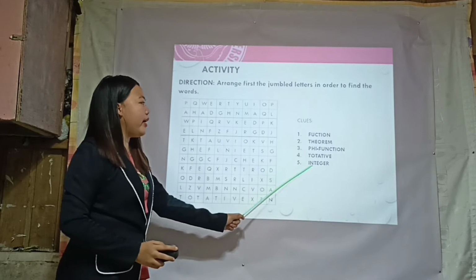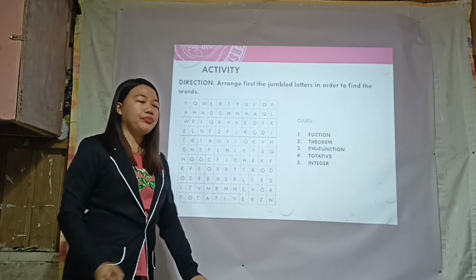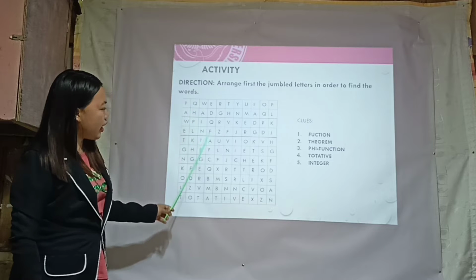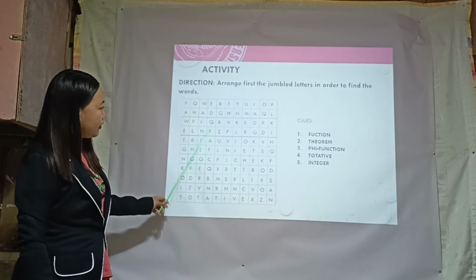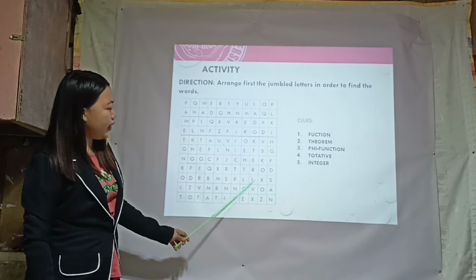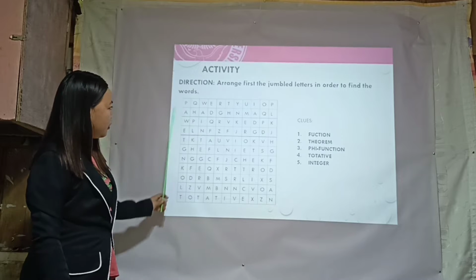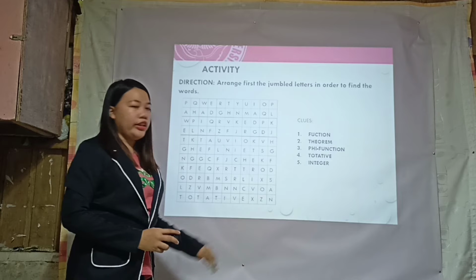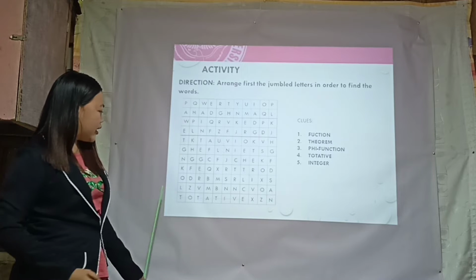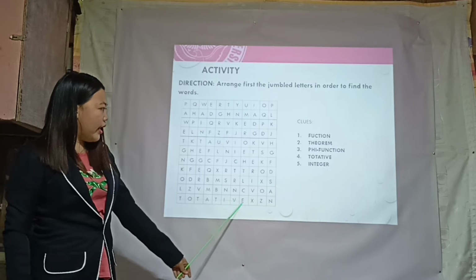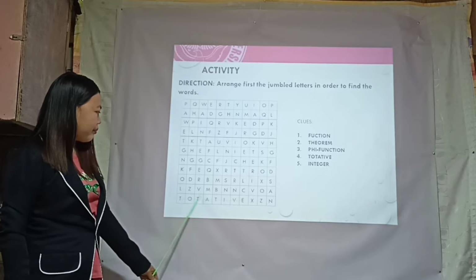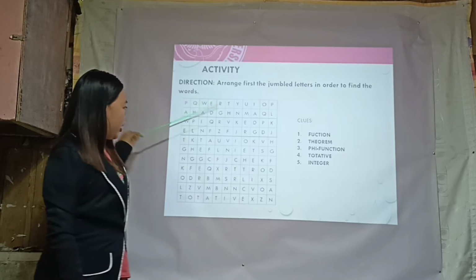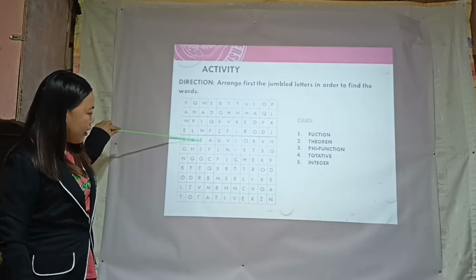Next is number 3, phi function. So the phi function is located in this area, going down. Next is totient, which is in this area. And last is the integer, which is in this area.